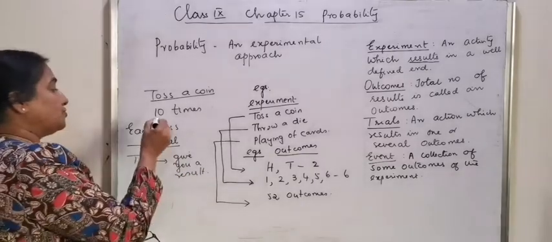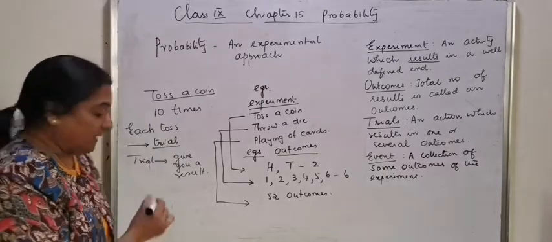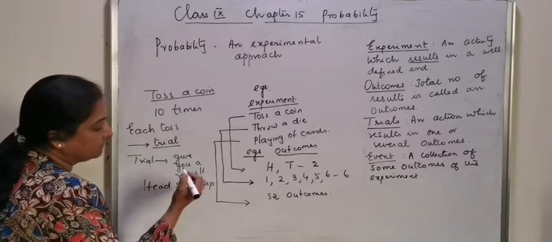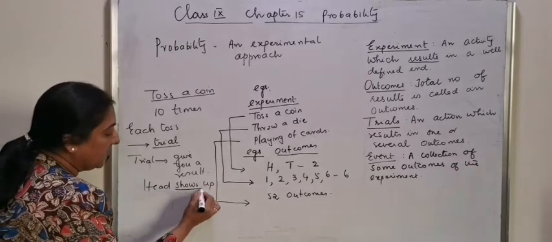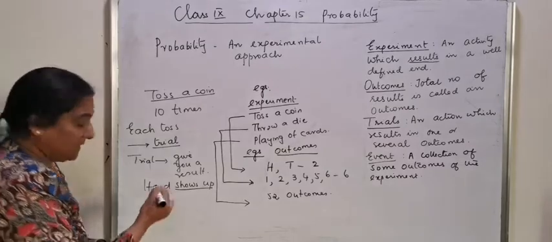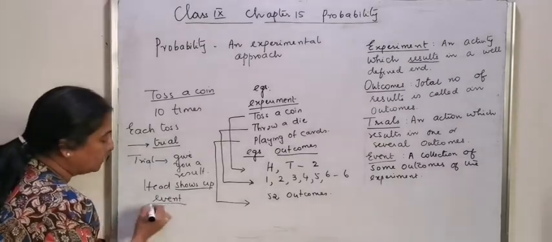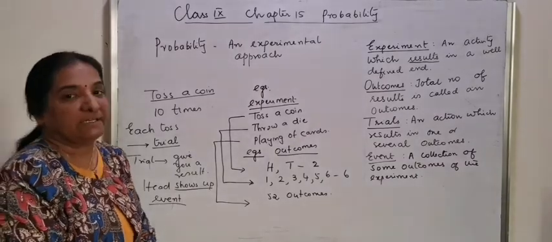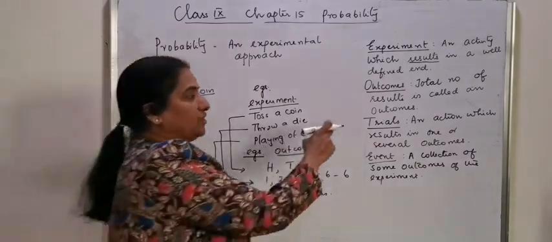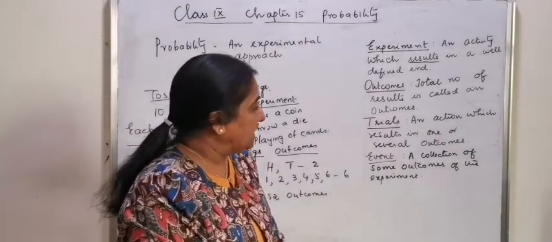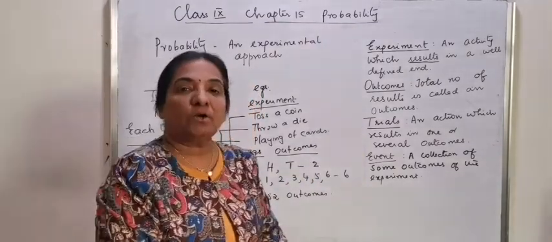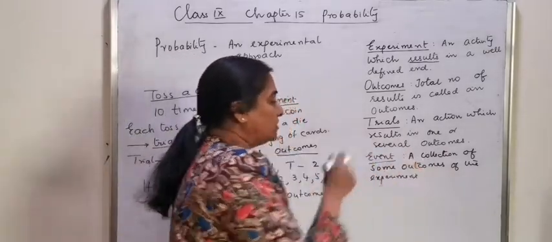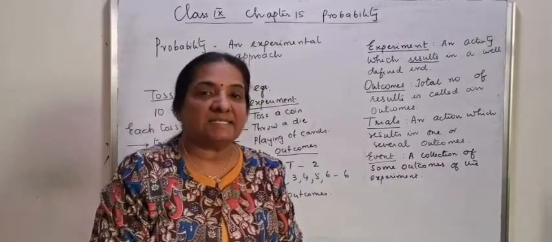Imagine in the first toss of the coin, the head shows up. That means the head which has come up is a particular outcome, and that particular outcome is called an event. So what is the definition of a trial? An action which results in one or several outcomes is called a trial. A collection of some outcomes of the experiment is termed as an event.